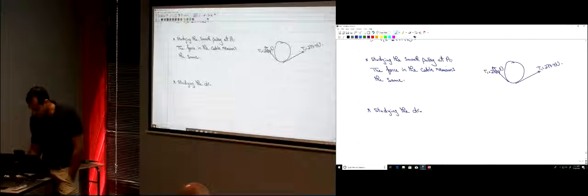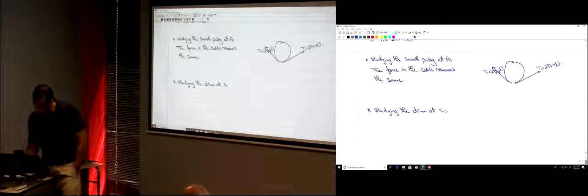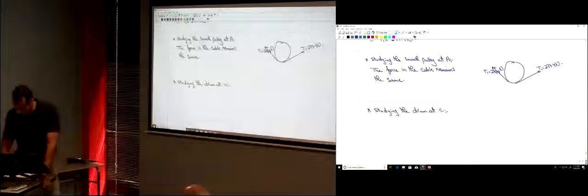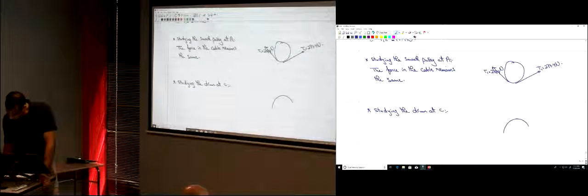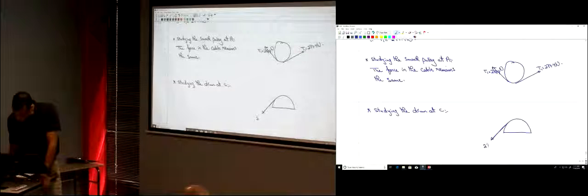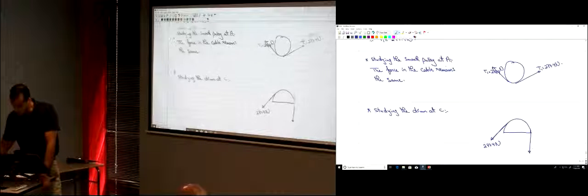The drum at C. So for the drum at C, you have the cable coming this way. How much is this tensile force? 277.4 newtons, right? And then it goes vertically like this.